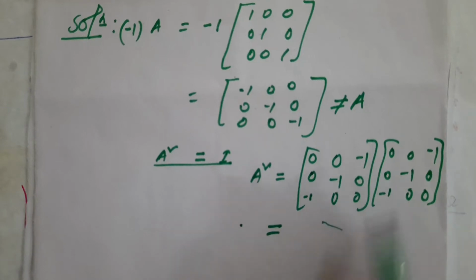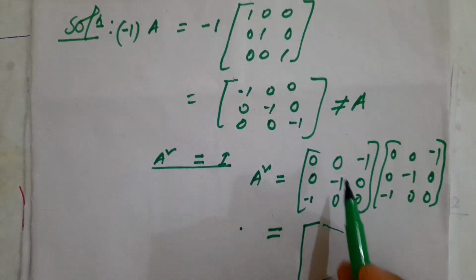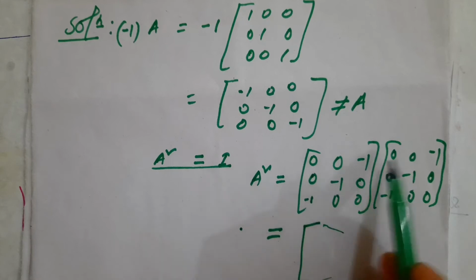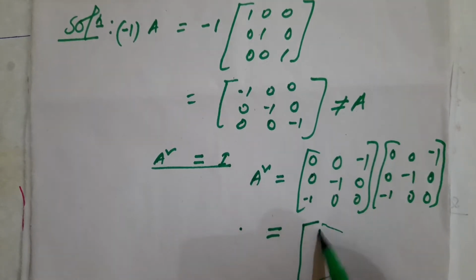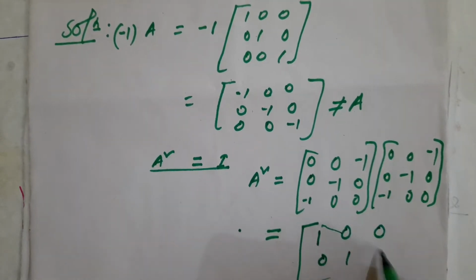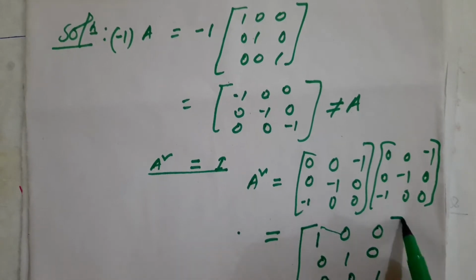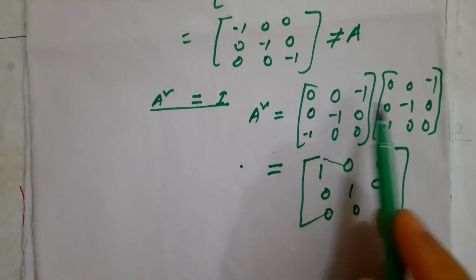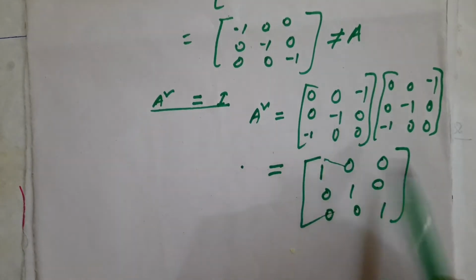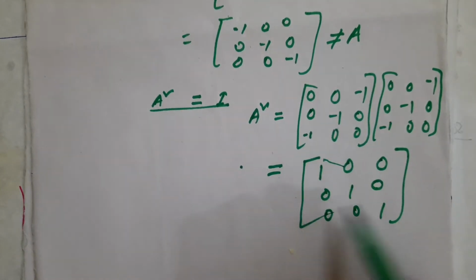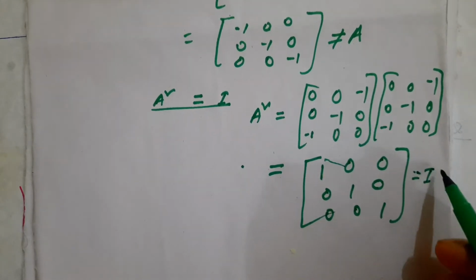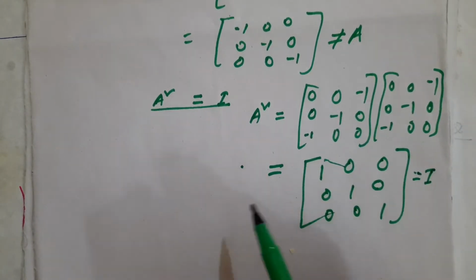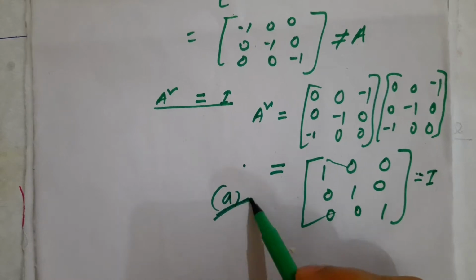I think all of you know matrix multiplication, and after the multiplication we get 1 0 0, 0 1 0, 0 0 1, which is equal to I, the identity matrix. So option A is correct.